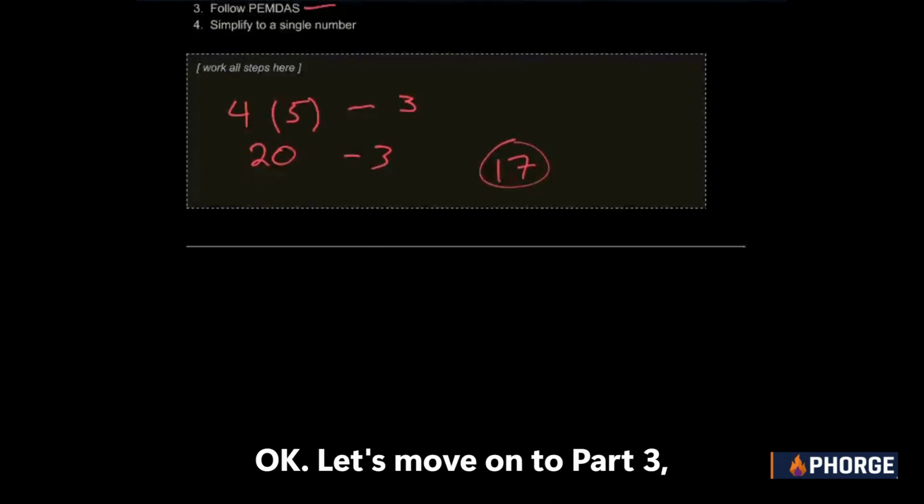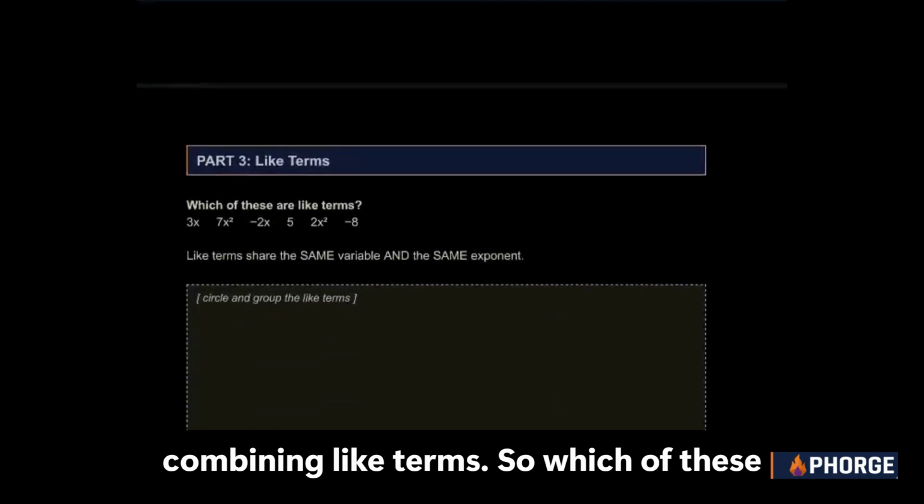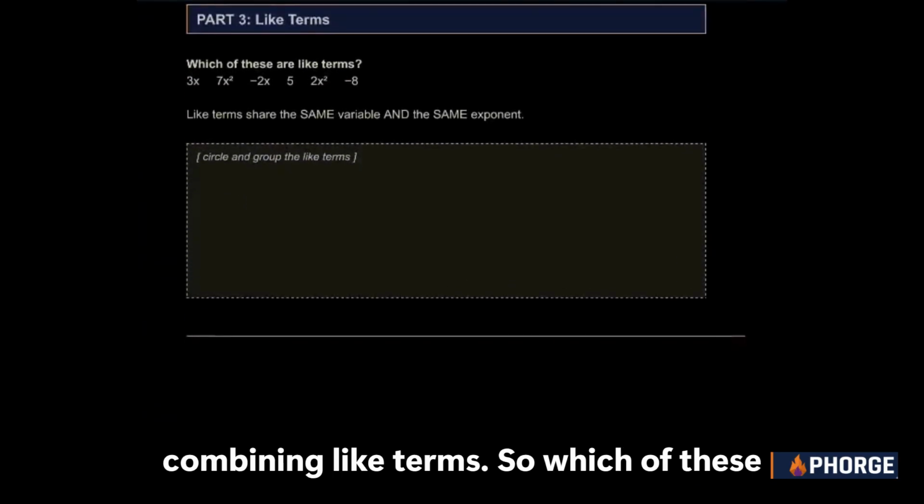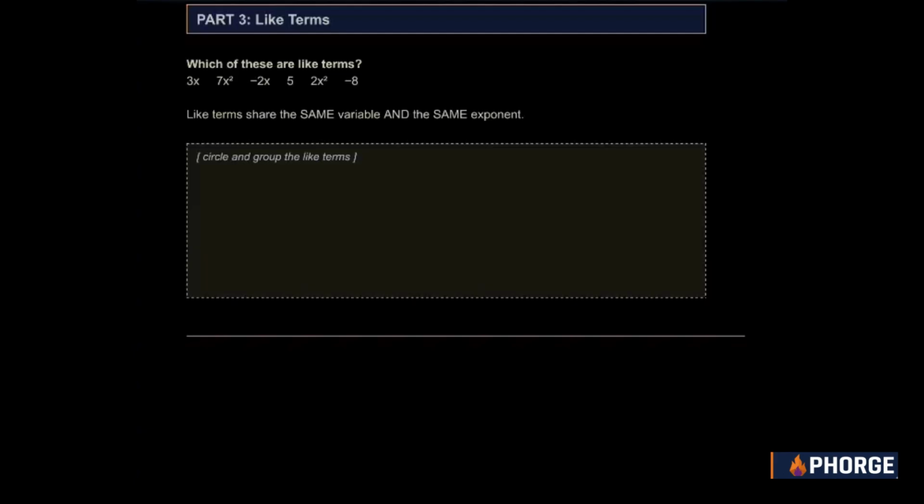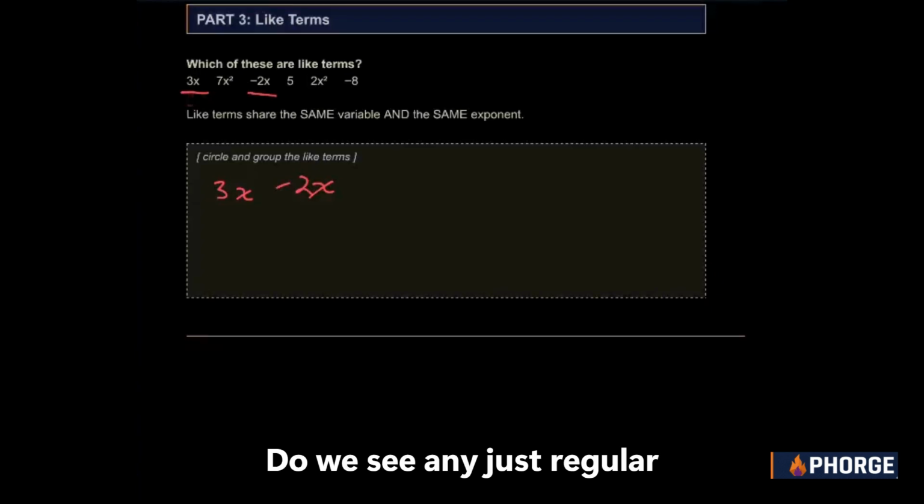Okay, let's move on to part 3, combining like terms. So which of these is like terms? So let's start with 3x. So we'll write 3x minus 2x. Do we see any just regular x? No, we do not.